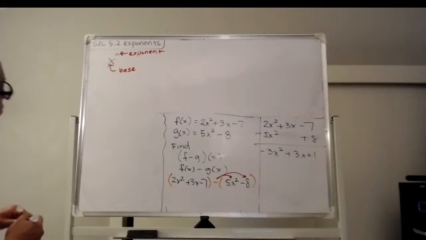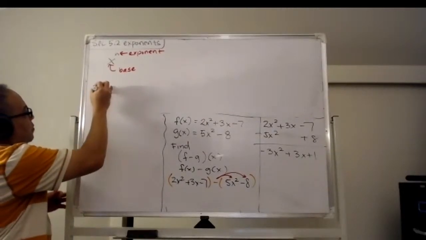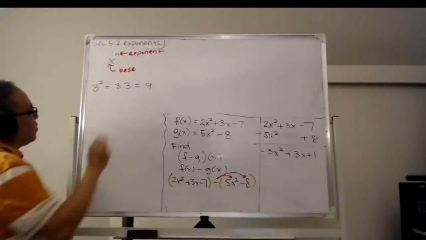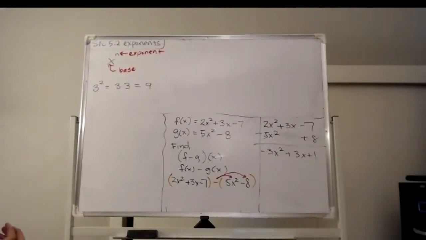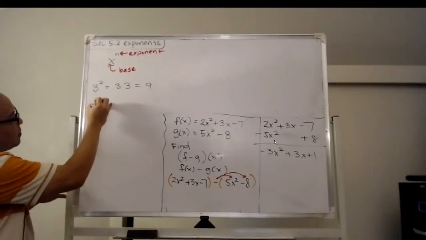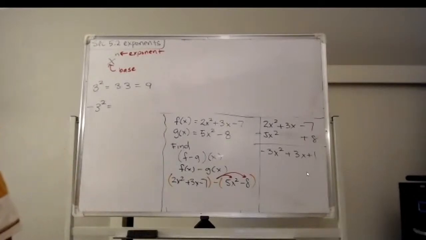Now, most people are comfortable with 3 squared is equal to 3 times 3. And most people are like, I'm good with that. Okay. And then let me make it a little harder. What if I make it negative? Try that, see if you can get that. We talked about it before. Let's just make sure you can understand that.